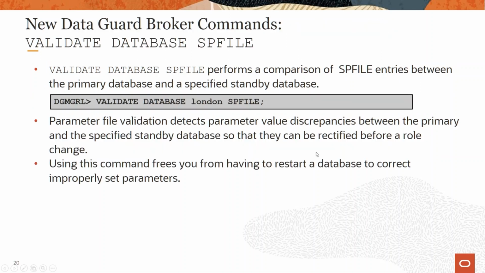And also, we can compare the SP file of a primary database and the SP file of a standby database as well. If you want to see any mismatched or matched parameter settings, you can use validate database London SP file. Let me show you this as a quick demo.